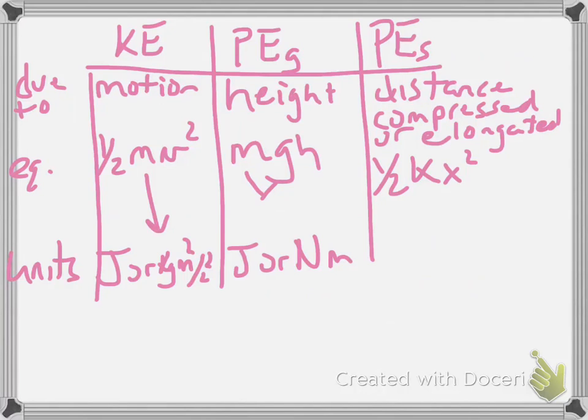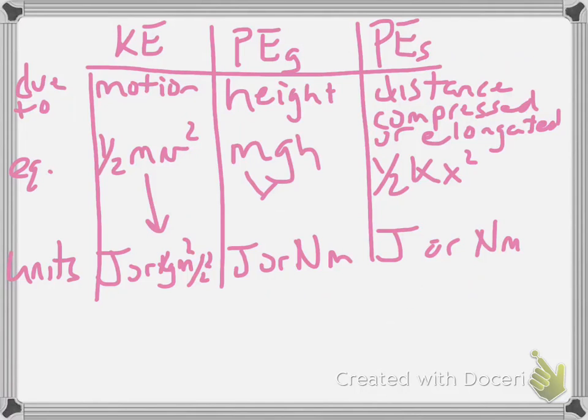And k is our spring constant, which has a unit of a Newton per meter, and x is the distance squared, the distance it was compressed or elongated. So again, joules or a Newton meter.